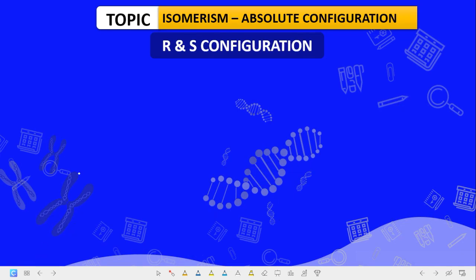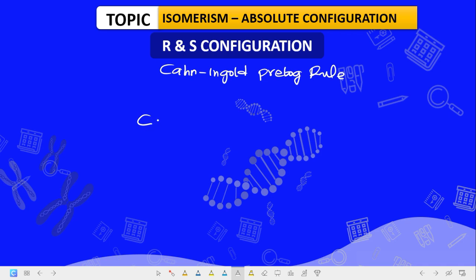Now let's come back to the R and S configuration. For the R and S configuration, what you usually do is it also follows the Ingold Prelog rule, whereby priority is assigned to the groups around it.